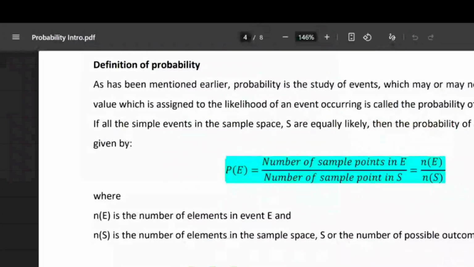Now, we are approaching the calculation. As for the calculation, I have already said it. Probability of an event occurring is the number of the events divided by total number of what? The universe.